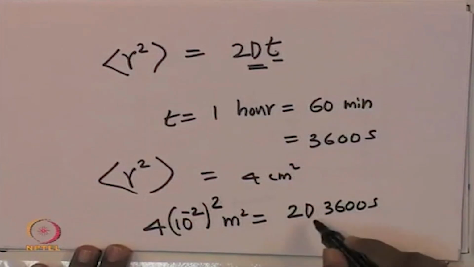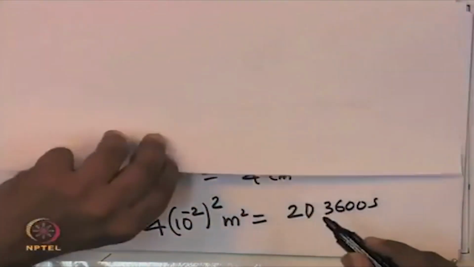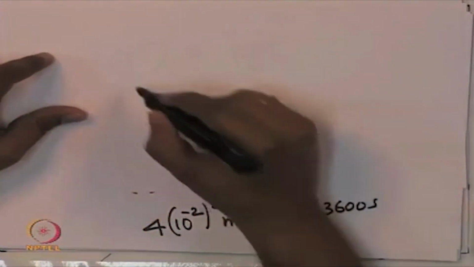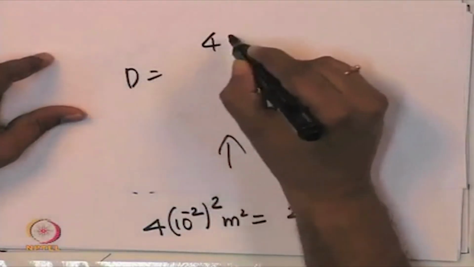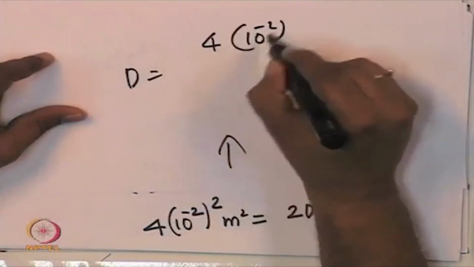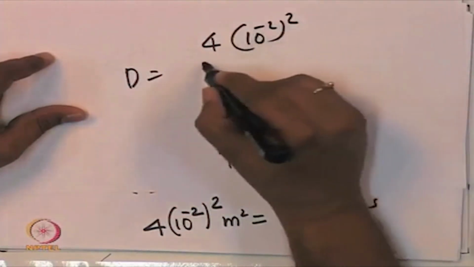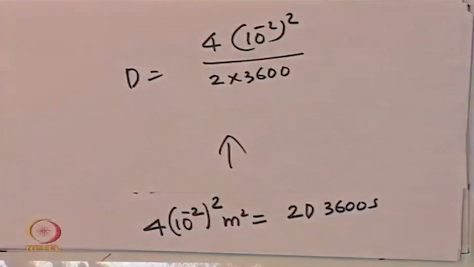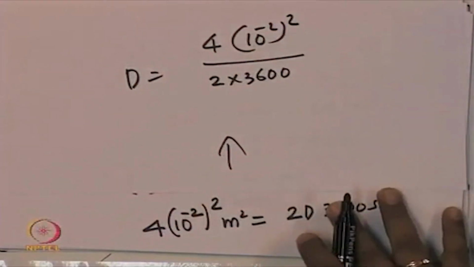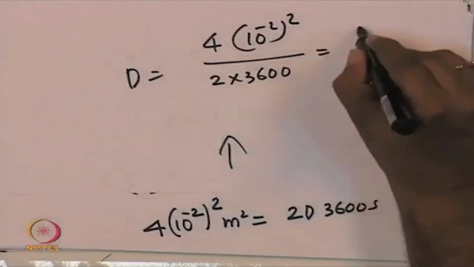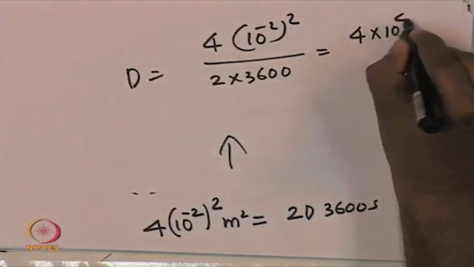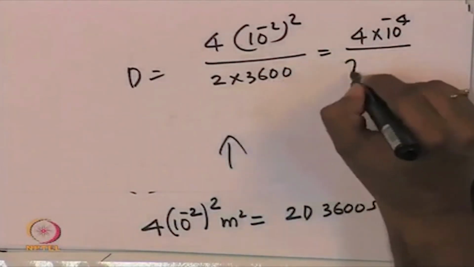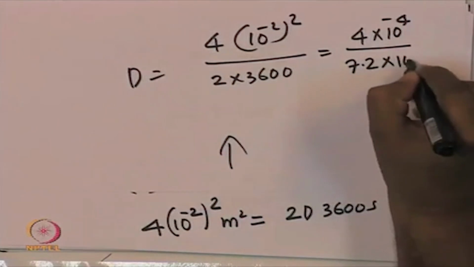So, from this, D is basically equal to 4 into 10^-4 divided by 2 into 3600. So, this is the answer. This is 3600 into 2, you can say 7.2 into 10^3.